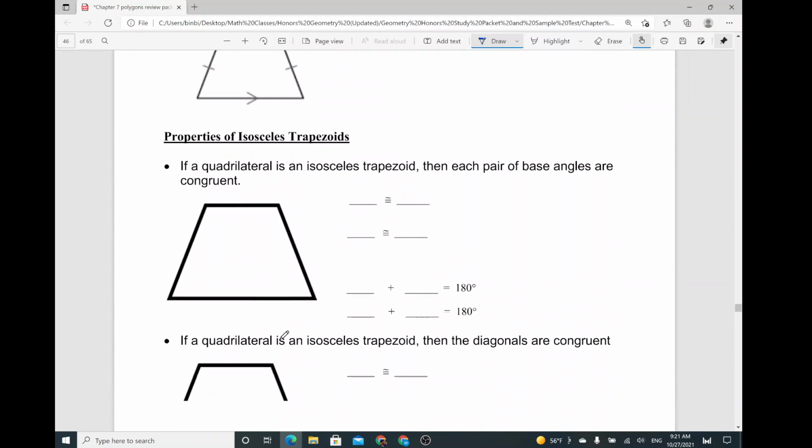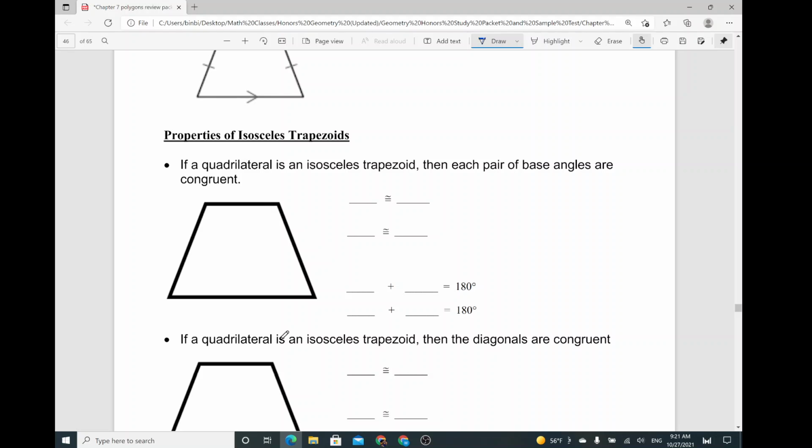So, properties of isosceles trapezoids. If a quadrilateral is an isosceles trapezoid, then each pair of base angles are congruent. Let's say this one is A, this one is B. So angle A is congruent to angle B. And also the ones on the top, angle C and angle D, those two angles have to be congruent as well.